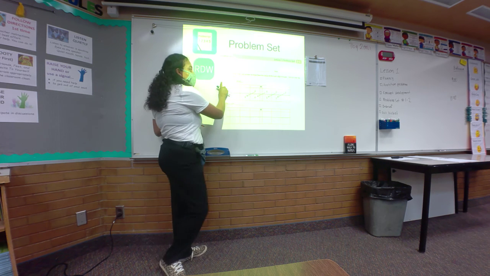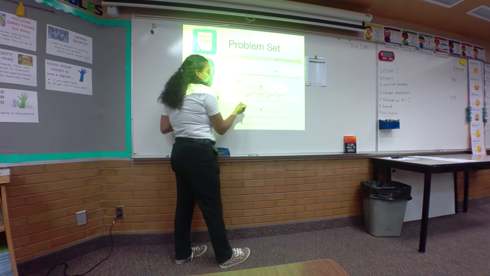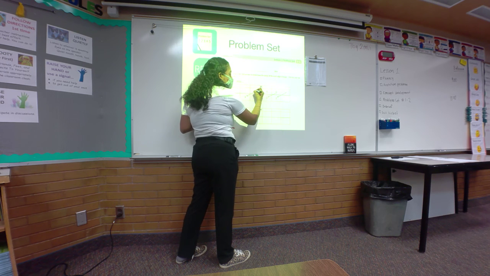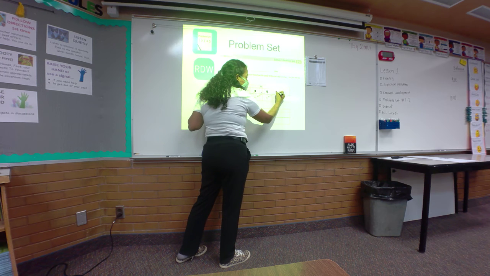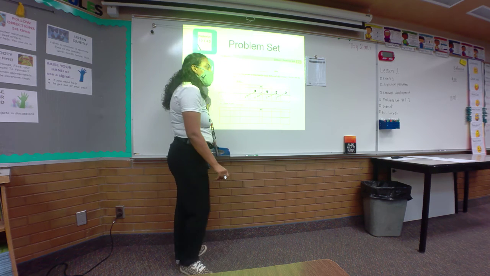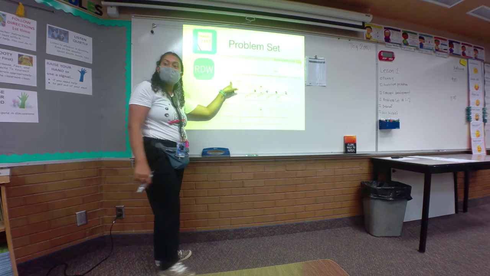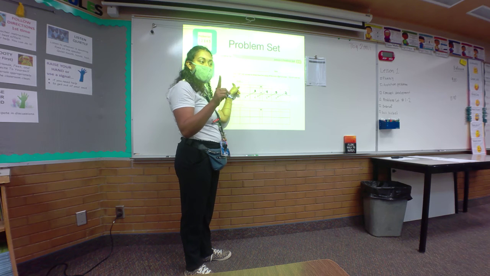So we have problem A, 3 and 452 thousandths. So on the top row, you're going to put in the numbers. So 3 and 452 thousandths. And then you're multiplying it by 10. So that means you're shifting 1 time for 1 tenth.